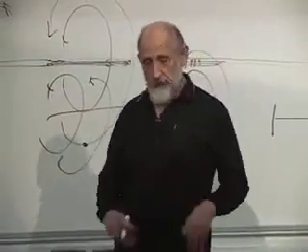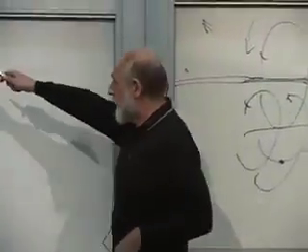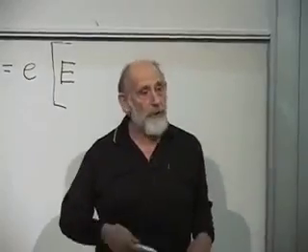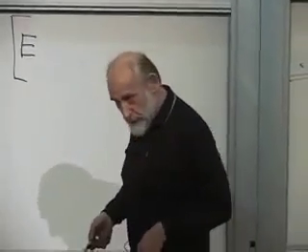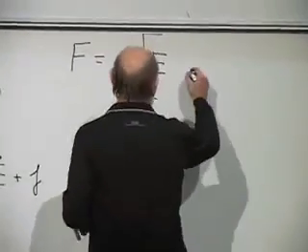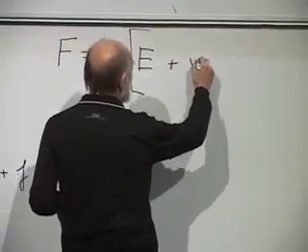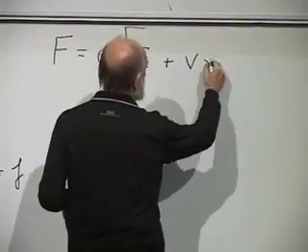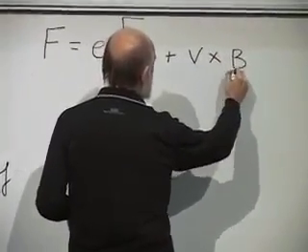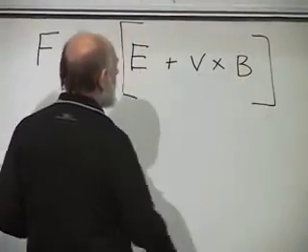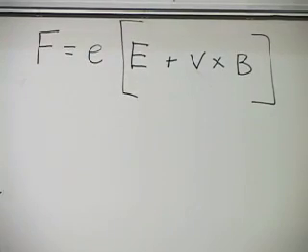So for a stationary electric charge, this is all there is. Then there's a velocity-dependent force, and it's plus the velocity of the particle cross product with the magnetic field. So it's proportional to the product of velocity and magnetic field.